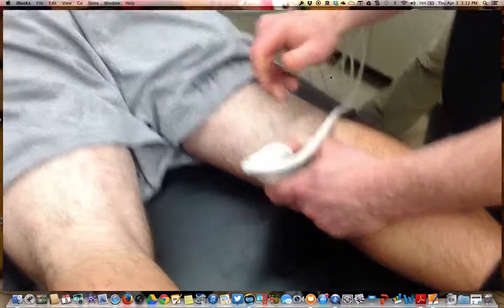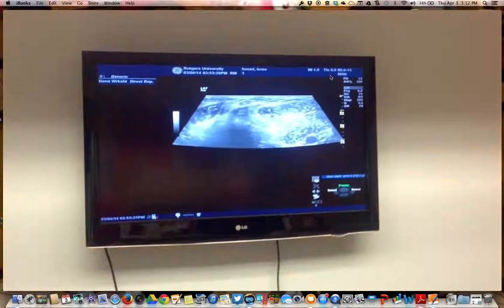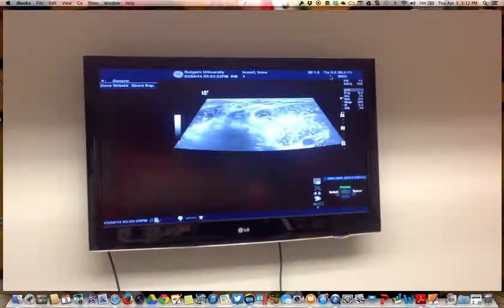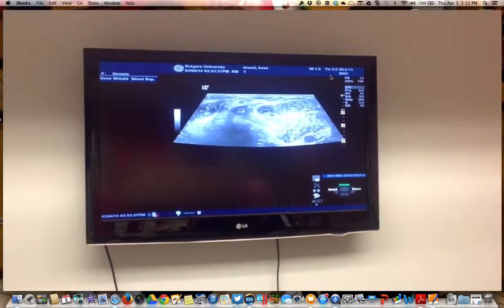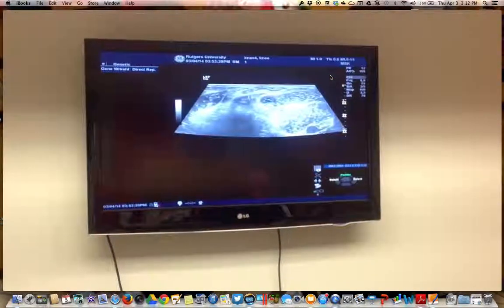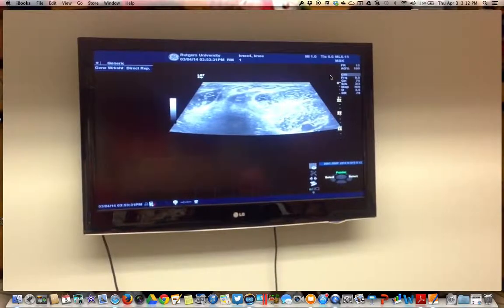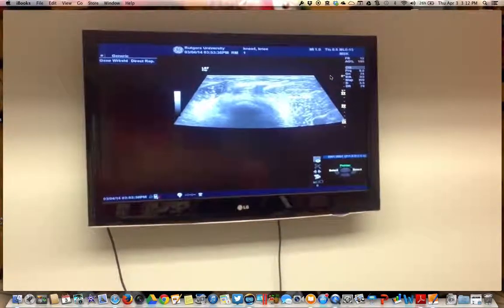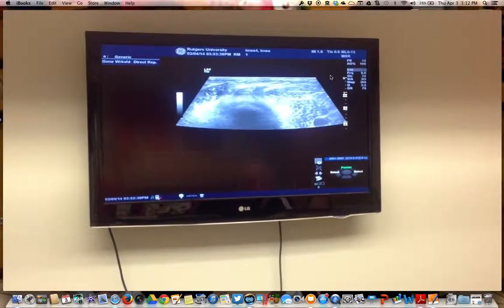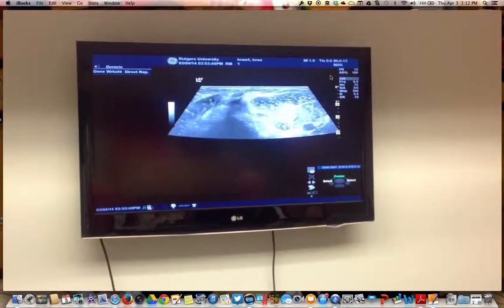Once the probe is turned 90 degrees, we will look for a few structures. We will see the medial head of the gastroc as this large muscle here, and we will see the anisotropic semimembranosus with the anisotropic semitendinosus above. I will then just rock the probe lightly to fill in the semimembranosus, and then rock it the other way to fill in the gastroc.